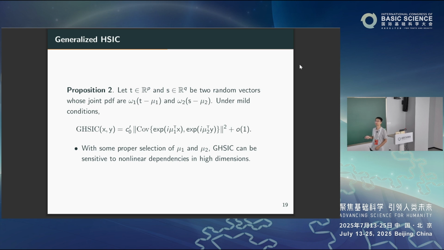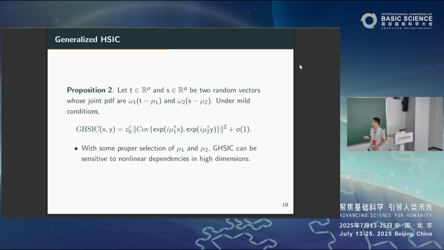Firstly, it will converge to a constant. And secondly, and more importantly, the leading term contains the nonlinear dependence between x and y, because this consists of certain cosine or sine terms. This is certainly a nonlinear transformation of x and y.